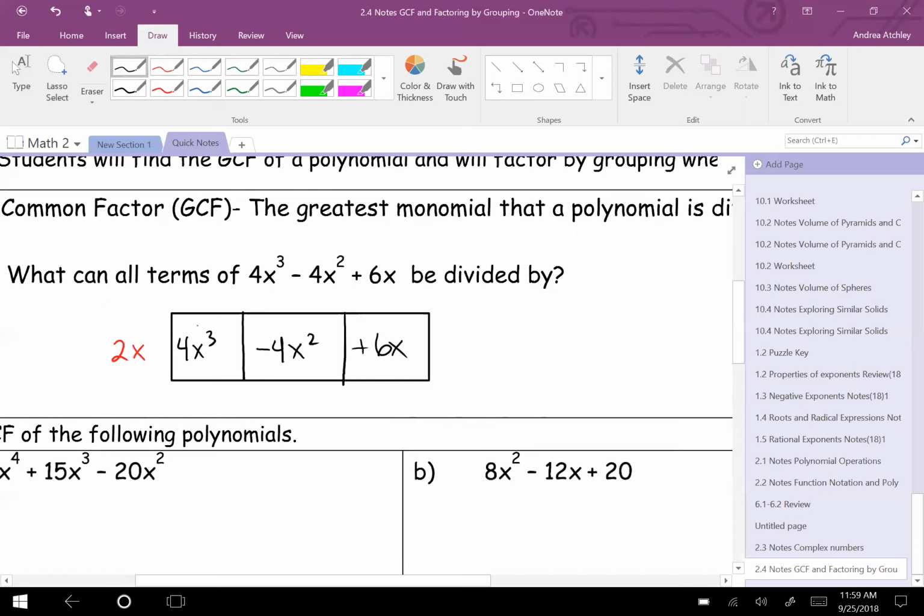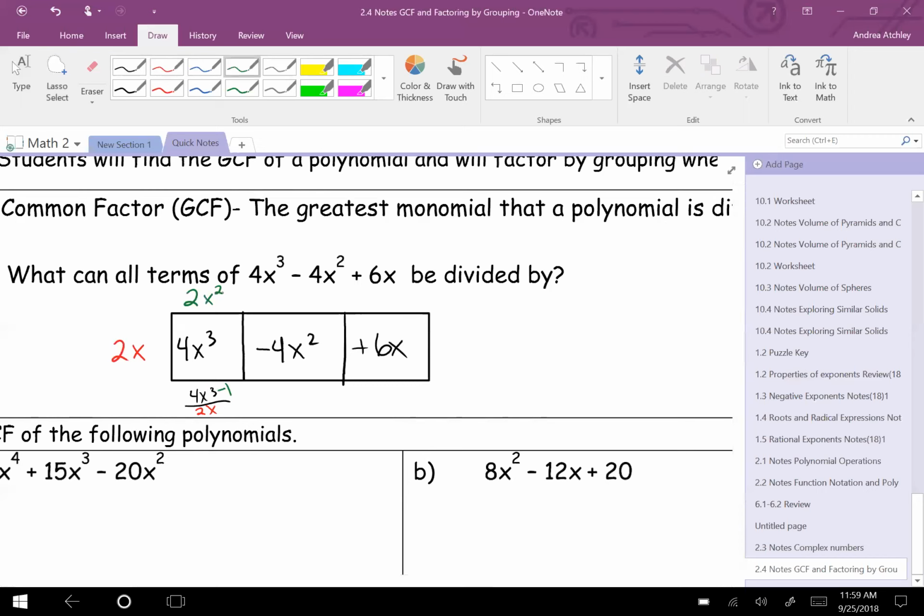We're going to do 4x cubed divided by the 2x. 4 divided by 2 gives me 2. And then x cubed divided by x. Remember, you subtract the exponents. Since the x cubed is on top, it's bigger. We move the 1 to the top and subtract and get x squared. So I'm just taking away an x.